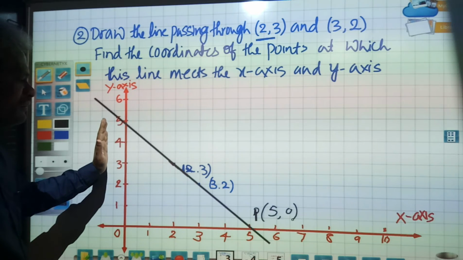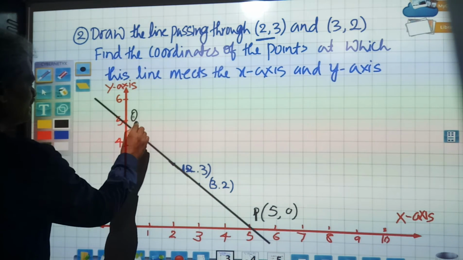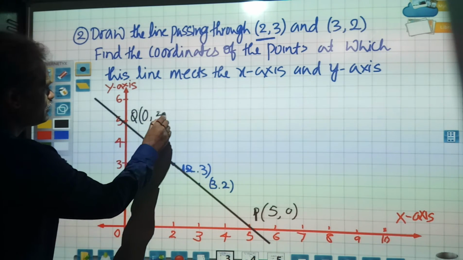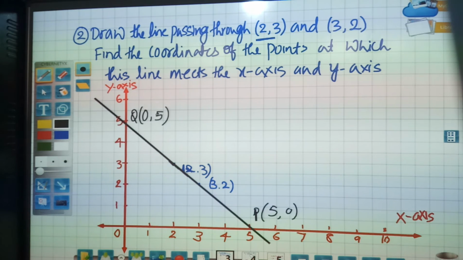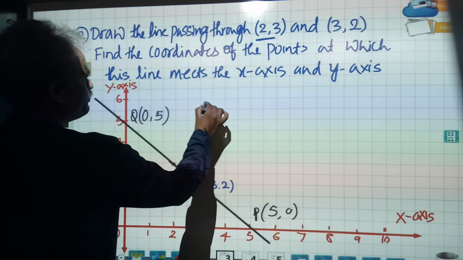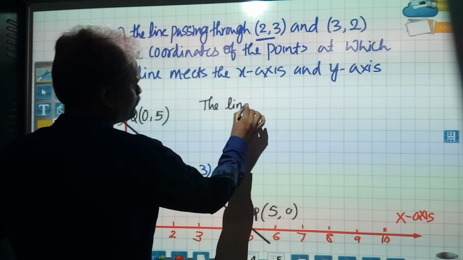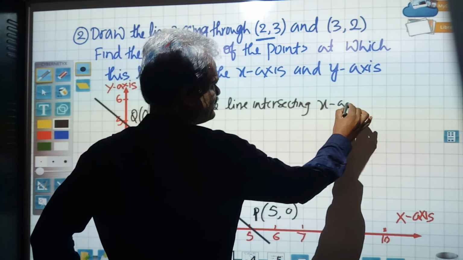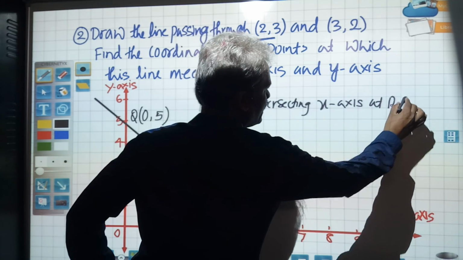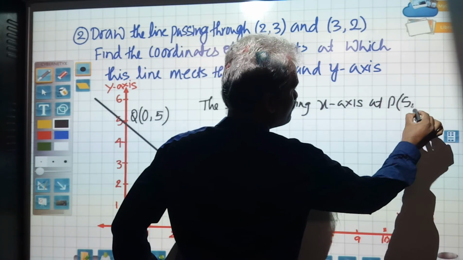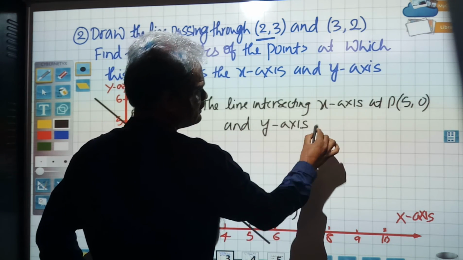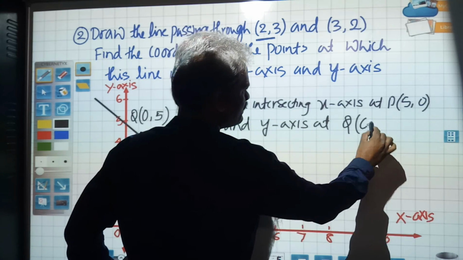In the same way for this point, from the vertical line the distance is 0, so the x value is 0. From the horizontal line, it is at 5 units. So 0, 5. So you can write the line is intersecting the x-axis at P of 5, 0 and the y-axis at Q of 0, 5.